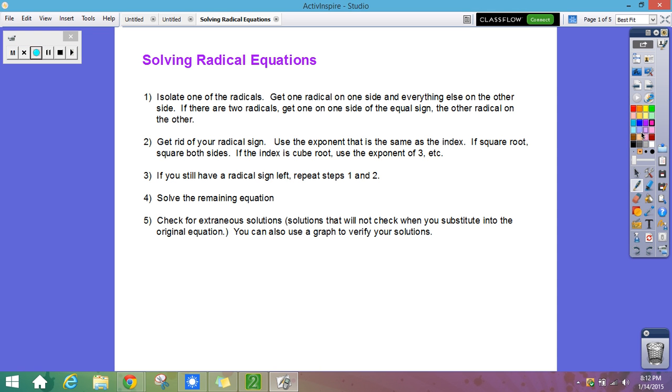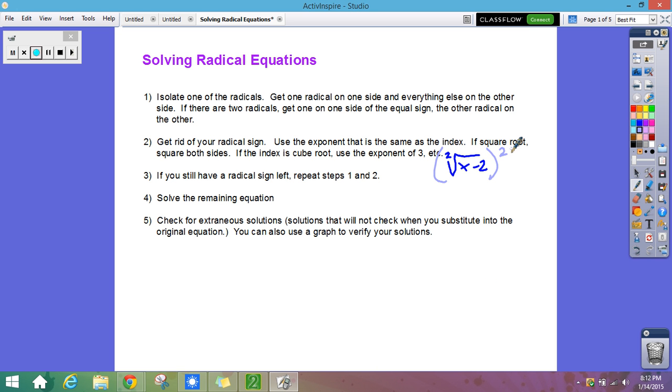What I mean by that is if we have something such as the square root of, let's say, x minus 2, to remove the square root, the index is technically 2, but we don't write that. To remove that, we're going to square the square root.